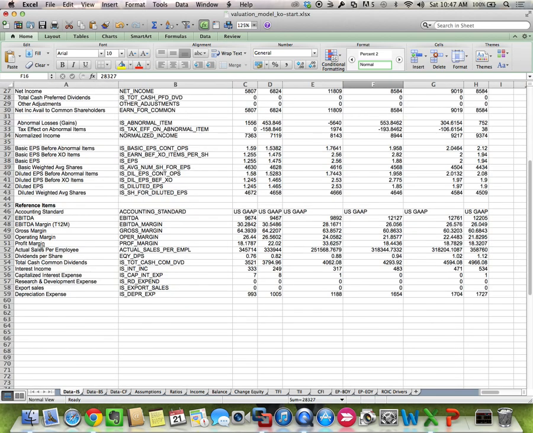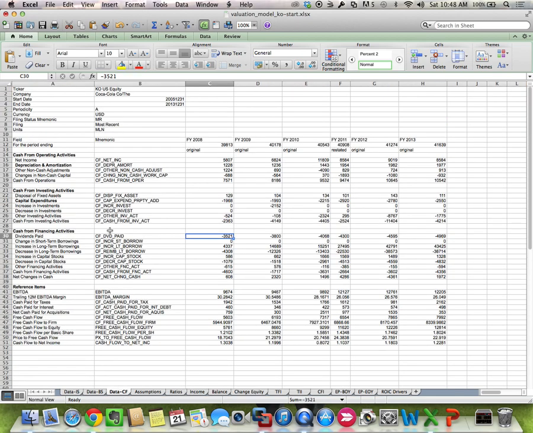And the reason why is because even though it's down here in the reference item section as a positive number, the reference item section is not consistent, meaning it's not always in the same row. And that causes a real problem in our model. So that's why I'm pulling it off of the cash flow statement, because up here, it will always be on row 30. But here, it's a negative number.